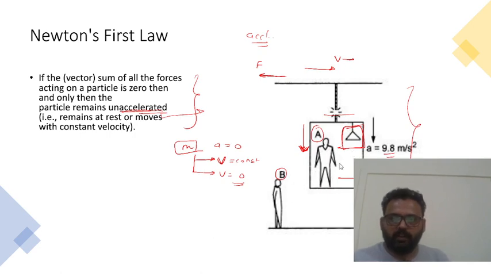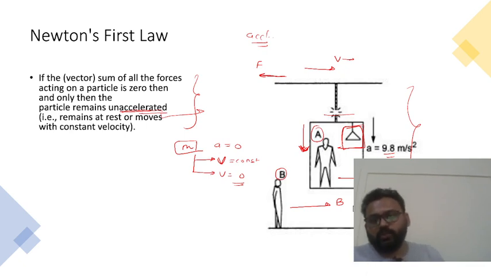After that, what will person B say? Person B will say this lamp is falling with the acceleration of 9.8 meter per second square. Yes, this is also correct. So naturally these two can't be correct at the same time. One of them should be wrong, definitely.